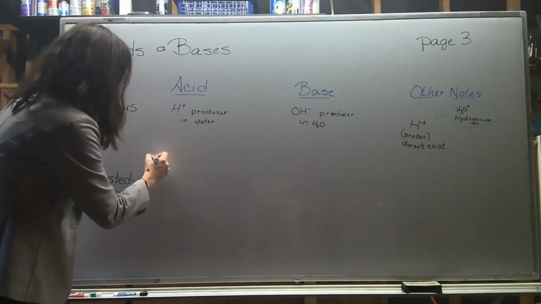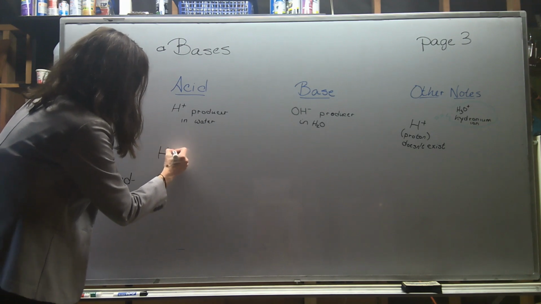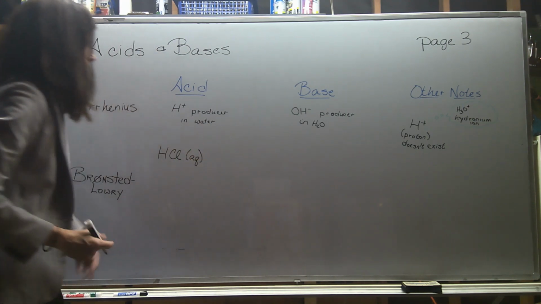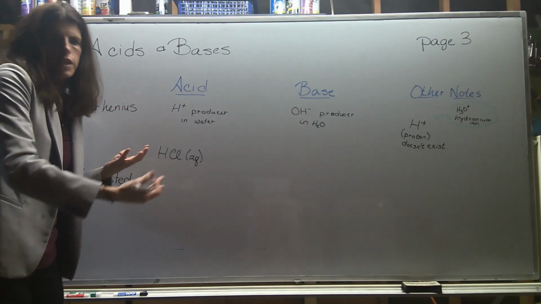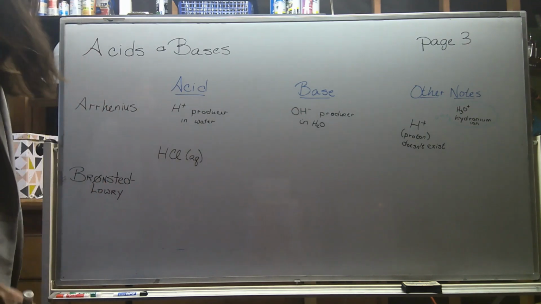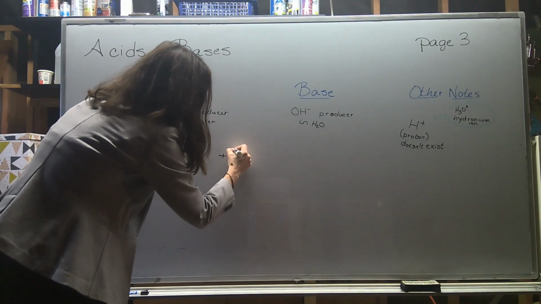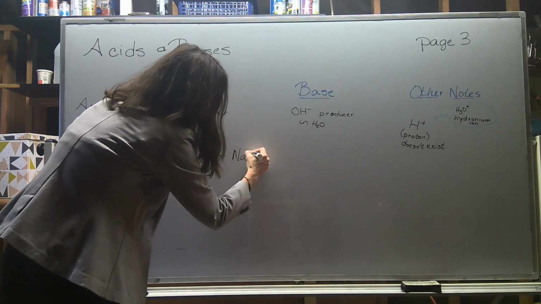So an example of this would be hydrochloric acid, and it's probably an acid that you've encountered even in lab thus far. Bases, the most common base that we use in lab would be sodium hydroxide.